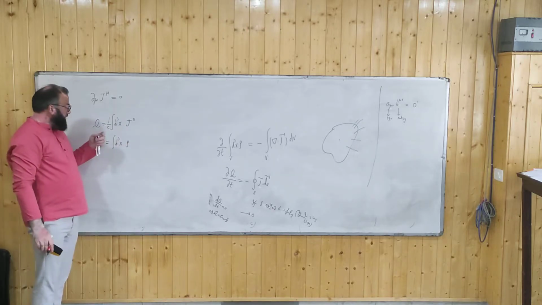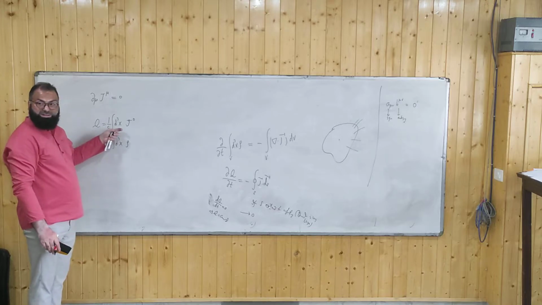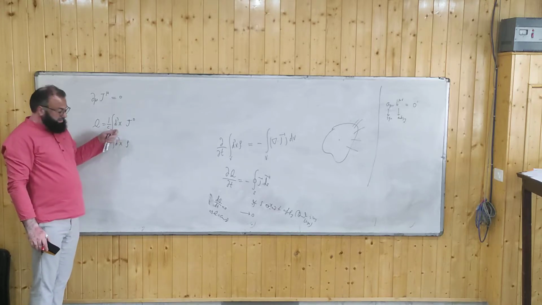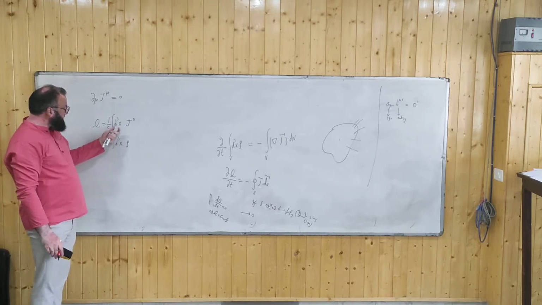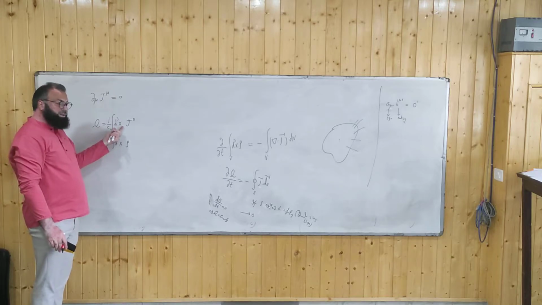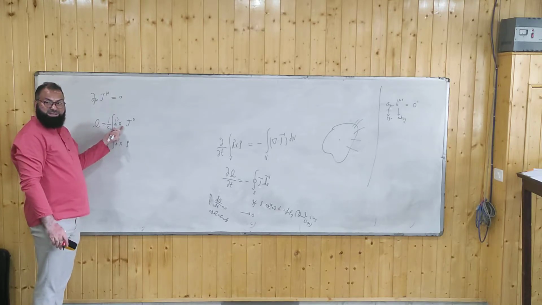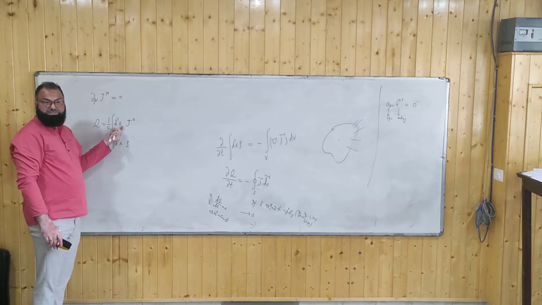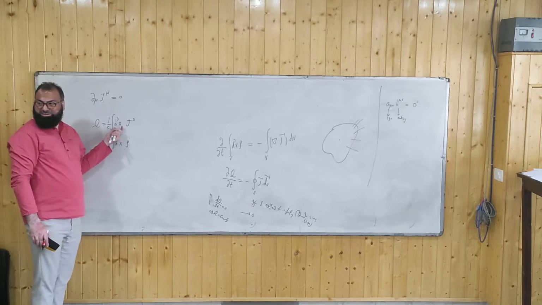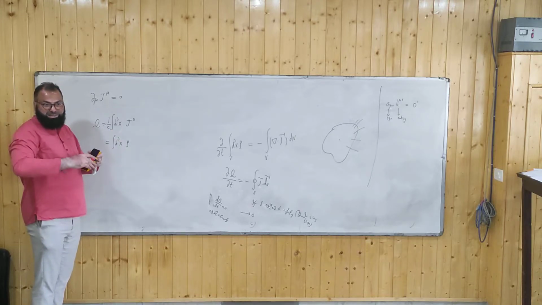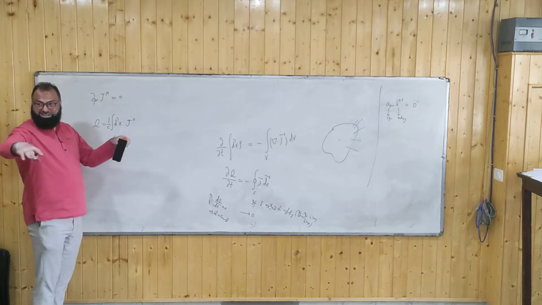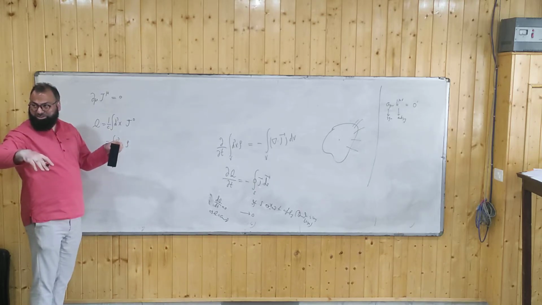Now tell me, if I am in the 4-dimensional spacetime, what will this volume look like? What is the equation of this very 3-volume? It will simply be a hypersurface where time is constant. Yesterday I told you.